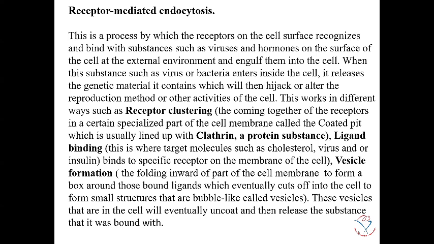When they get in there, they form a kind of cyst, detach itself from there, and empty the content into the cell. And this now causes a problem. These vesicles in the cell will eventually uncoat and release the substance that it was bound with. Those substances it was bound with outside the cell, or getting into the cell, will now cause problems in the cell. And then we ask ourselves.